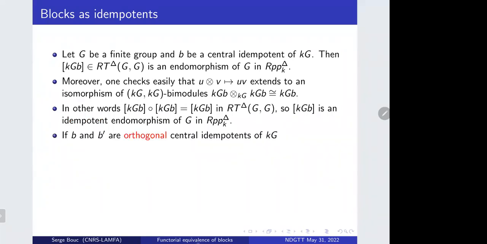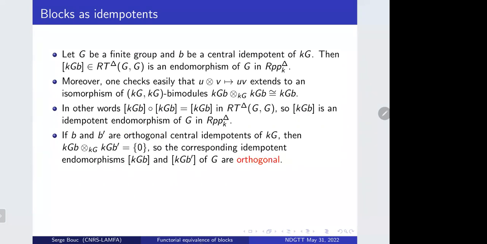Even more, if we now start with orthogonal central idempotents of kG, meaning that their product is equal to 0, then for the same reason as before, the tensor product of the corresponding bimodules is equal to 0. And it means that the corresponding idempotent endomorphisms of G we obtain are also orthogonal.